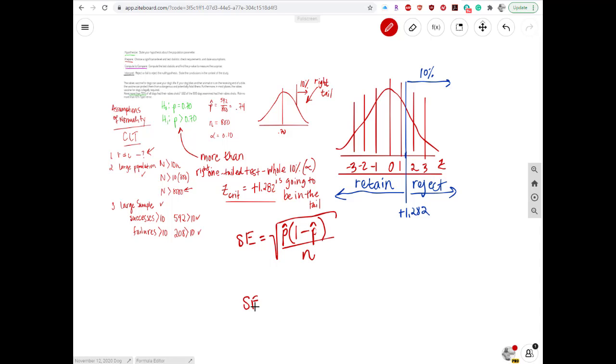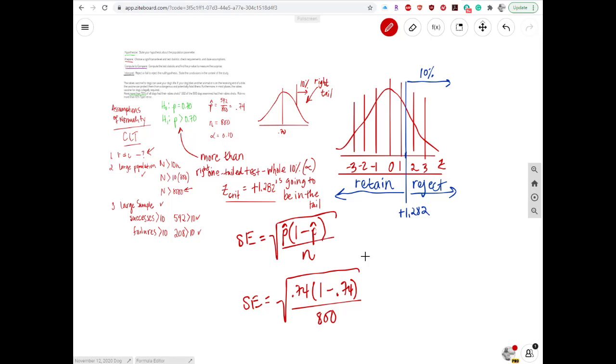And I have already written these out, so it makes it really easy for me to just copy everything down. So we know that p hat is 0.74, and I'm going to multiply that by a whole minus 0.74, divided by my sample size, which was 800.